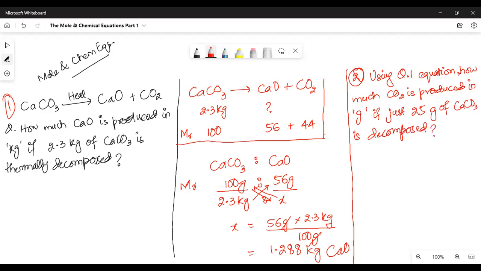Okay, go ahead with this one. Since you already have the equations, you have the MRs, you can simply go for the ratio step, which is done at the center bottom of your screen right now.